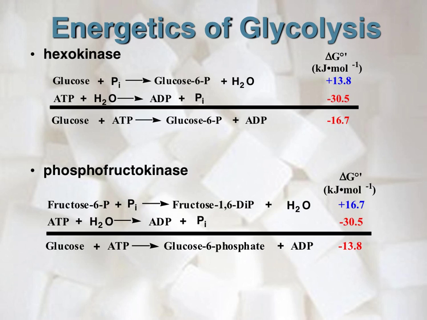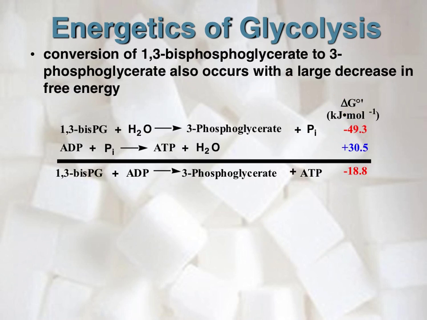There's all the resonance and all that kind of stuff. But by coupling it to the hydrolysis of ATP, we get out negative 30.5. So when you add these two together, overall, due to the presence of PFK1, that enzyme, we get almost negative 14. But once again, I don't want you to memorize the numbers. Just understand how it's coupled to the hydrolysis of ATP, and if there's a checkpoint.